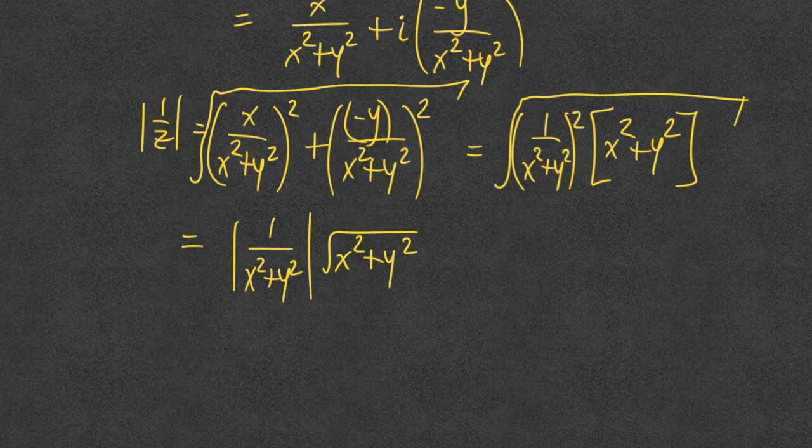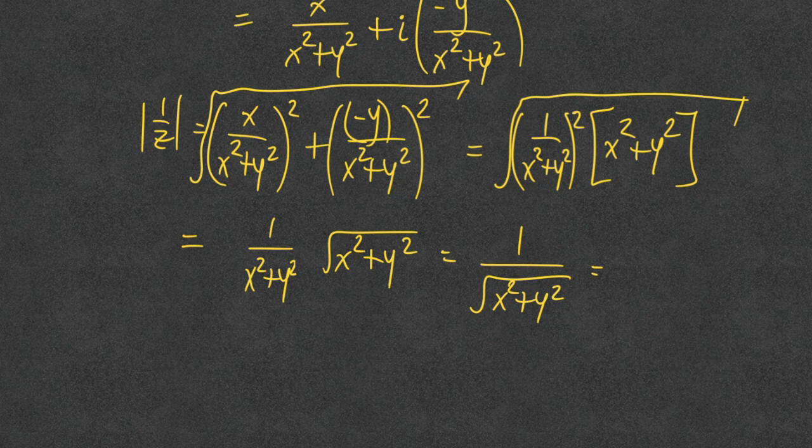Okay, so we're safe there, and this thing has to be positive, so we can safely drop these absolute value bars. And then we're just going to use some properties of real numbers, right? This is to the 1/2 power, and this is to the first power. And so really, that's just going to amount to this being 1 over the square root of x squared plus y squared, which by definition is the modulus of z. So we indeed proved what we wanted to prove.